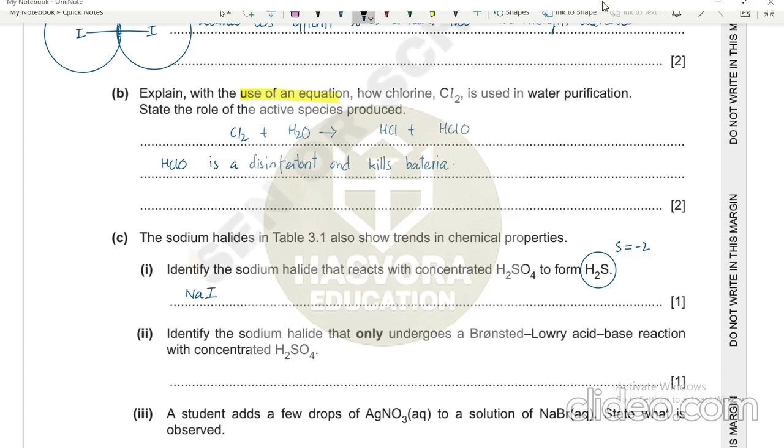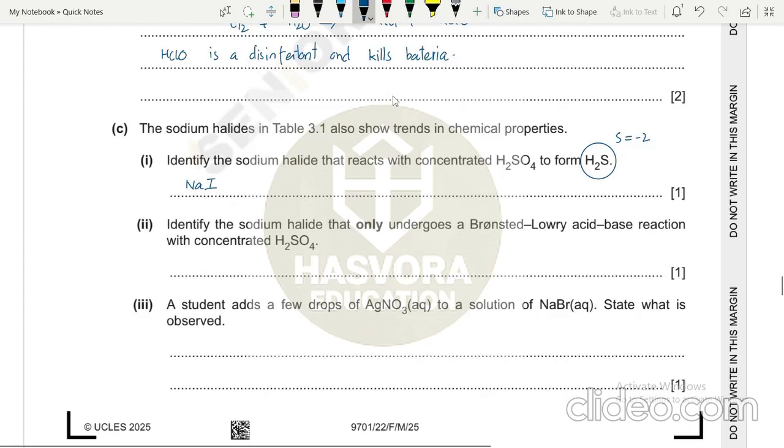Identify a sodium halide that only undergoes a Bronsted-Lowry acid-base reaction with the concentrated H2SO4. It means that the halide will be above iodine and above bromine, because bromine goes under a redox reaction. It does not only undergo a Bronsted-Lowry acid reaction.